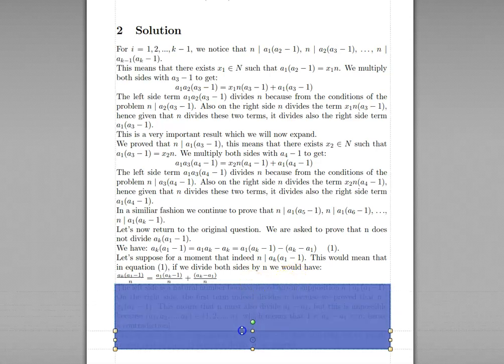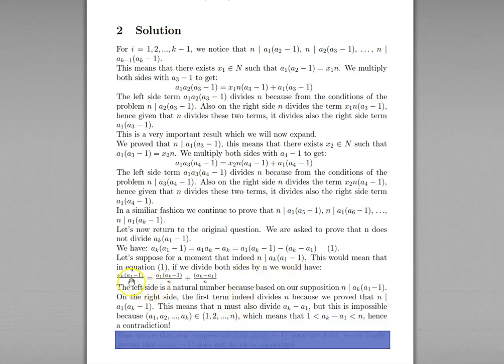Now, we do a simple reasoning. The left side of this expression is a natural number, because based on our supposition, we said that ak times a1 minus 1 divides n. On the right side, however, the first term indeed divides n, because we proved that n divides a1 times ak minus 1, which was a very important result we got up here.